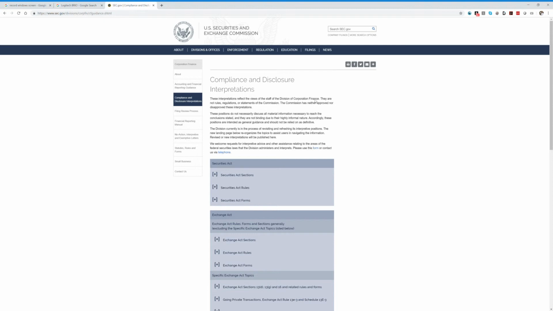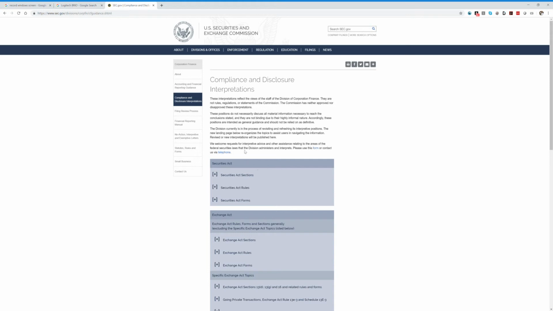This is essentially interpretive guidance from the staff of the SEC on how to interpret and apply some of the rules and statutes of the SEC, or statutes of the Securities Act or the Exchange Act, or related rules and regulations.